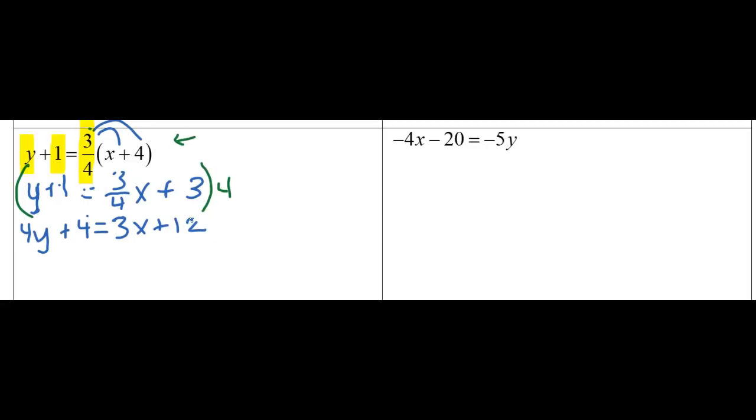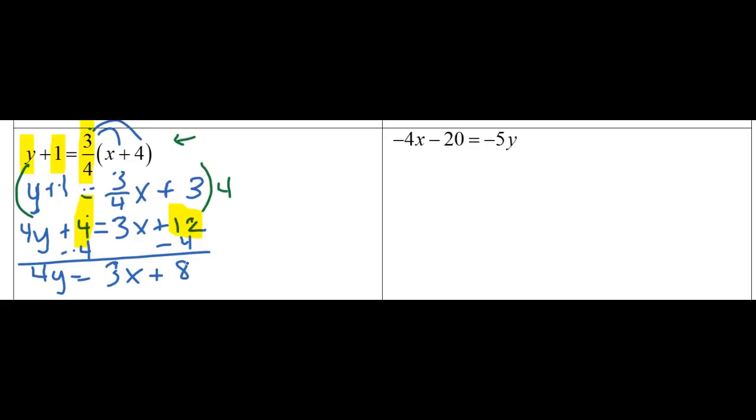All right, my next step, I'm going to get this constant term to the other side of the equation to my other constant term. So I'm going to subtract 4 from both sides. And now I have 4y equals 3x plus 8.